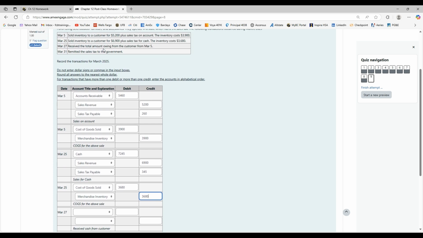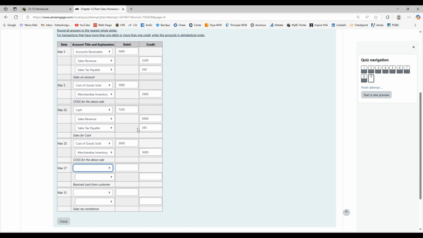And okay, so then we get paid. So that's them paying us the AR balance. Oh, did I do that right? Okay, 5,460. There it is. So cash, we get our AR coming in. So accounts receivable goes away. We say thank you very much. And then we remit the sales tax amounts later. So we send this to the government and we get rid of our payable with a debit, right?